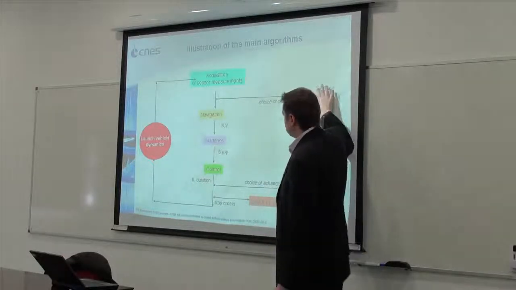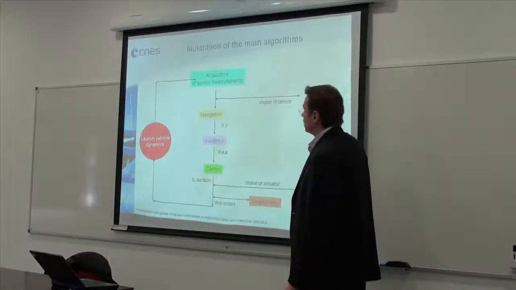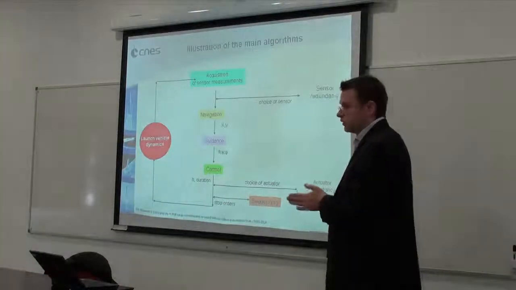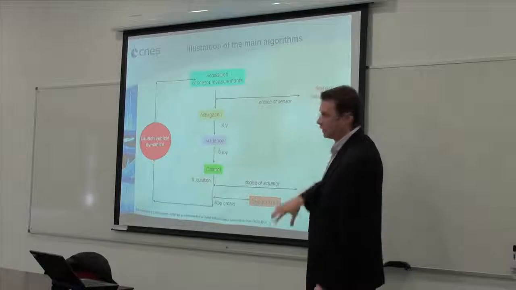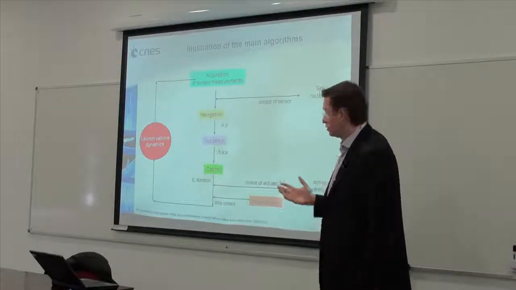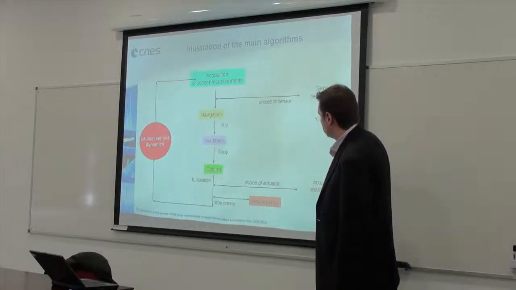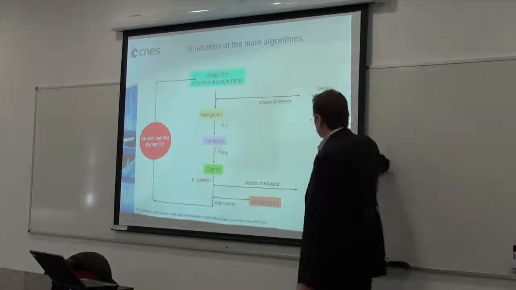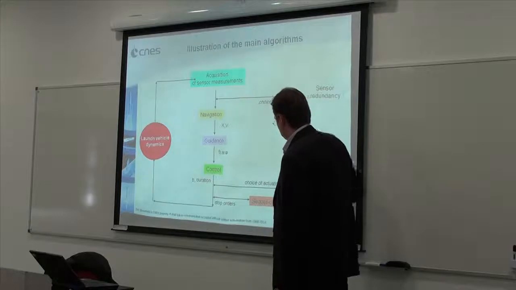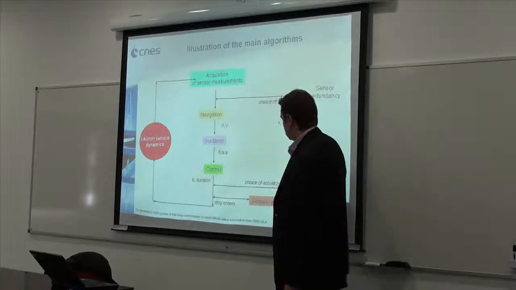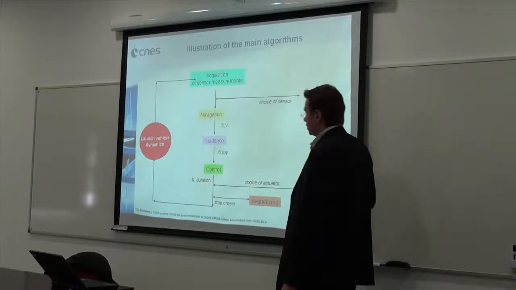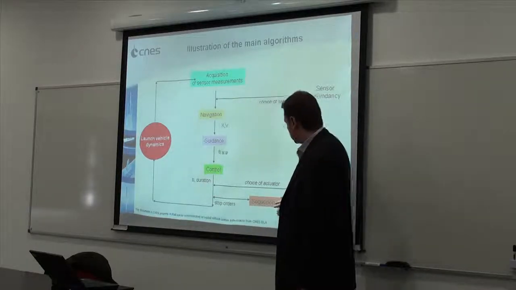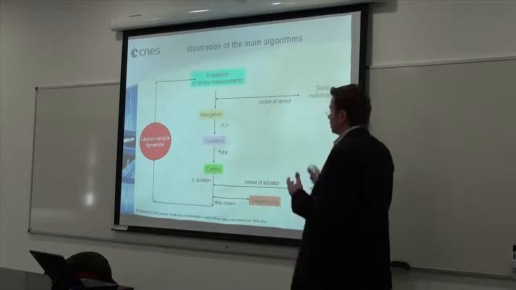There is a specific algorithm which aims at defining whether the equipment is healthy or has a failure, and if it detects a failure, it helps to switch to the backup equipment. This is true for sensors, for some of the actuators, and a bit for the electronics of the actuators. We have specific algorithms, we'll see them later on, that try to detect the failures and switch to the backup equipment.